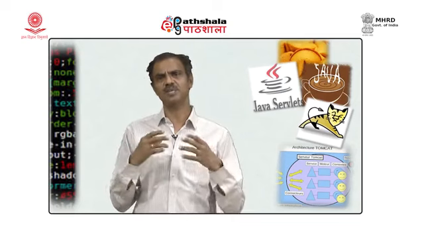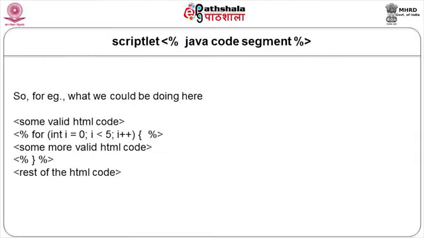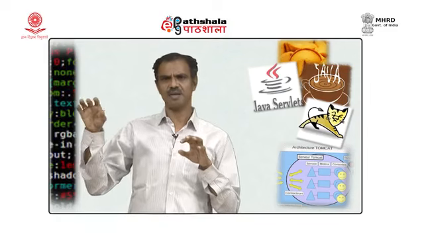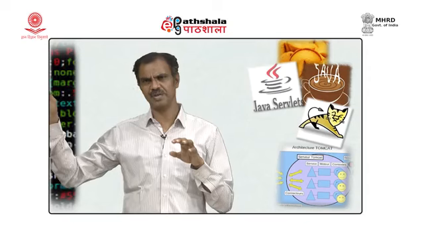So, within the service method, for example, what I could be doing here is, I have some valid HTML, and then I say less than percentage, I start a scriptlet, and then I say for int i equals 0, i less than 5, i plus plus, open bracket, and then I end my scriptlet here.